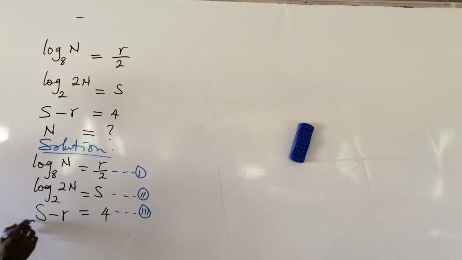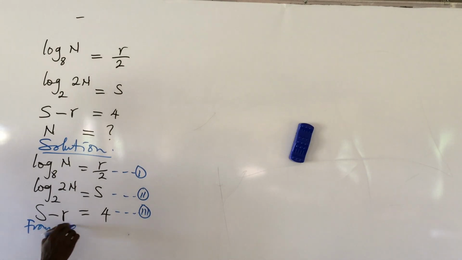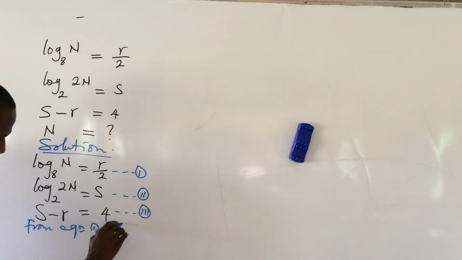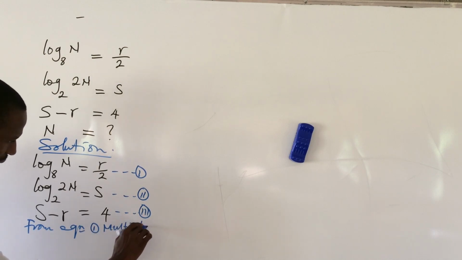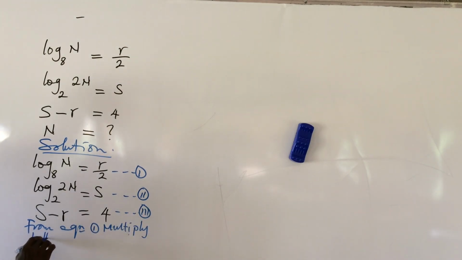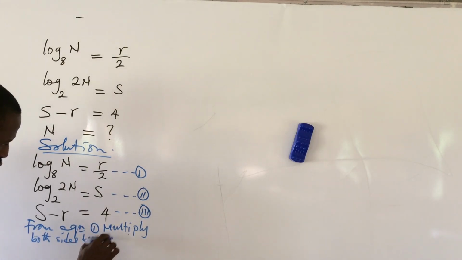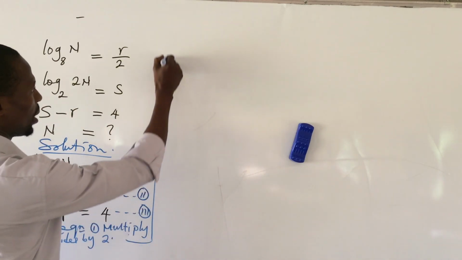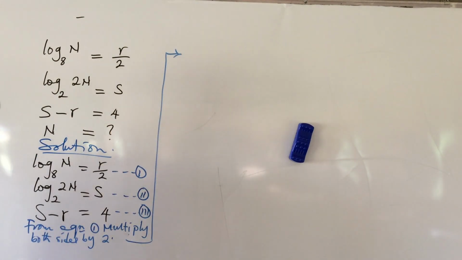From equation 1, multiply both sides by 2. Let's proceed from here and see what this gives us.